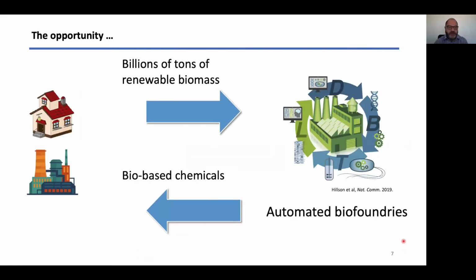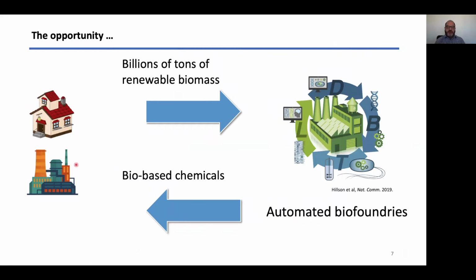And I think this is because we now have a big opportunity that is being created by the bioeconomy, where billions of tons of renewable biomass are being produced every day from households and from factories.